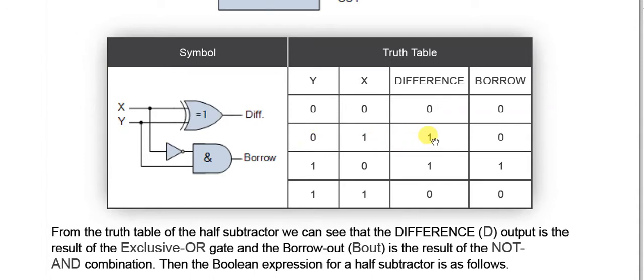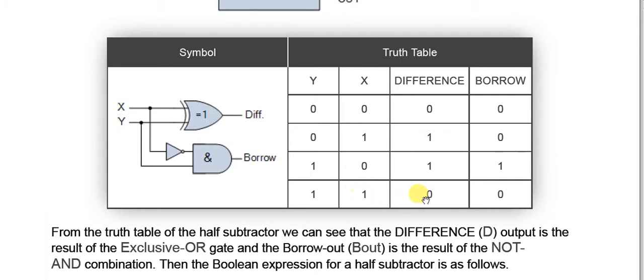Now 0 minus 1: because 0 is less than 1, we are subtracting from a higher number, so the difference is 1 and we have to take a borrow, so the borrow is 1. Similarly, 1 minus 1 is 0 and the borrow is 0.